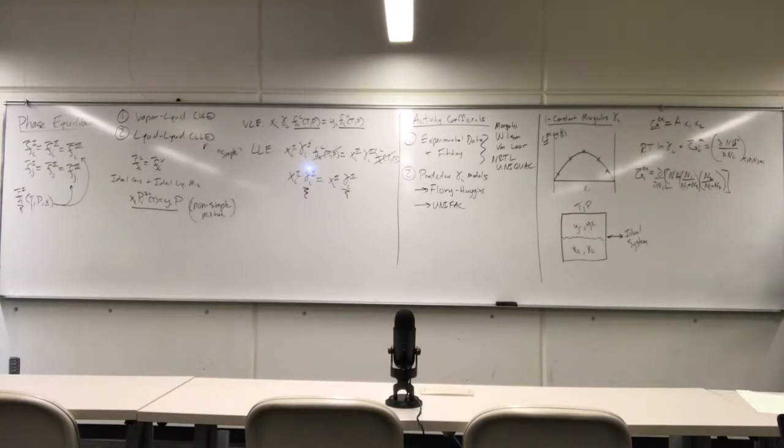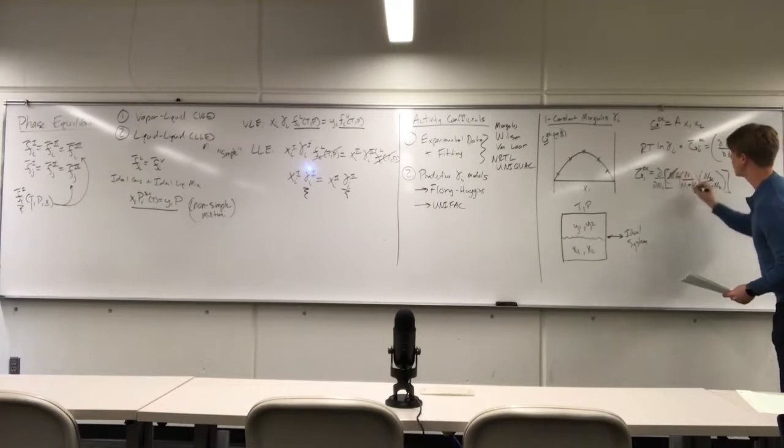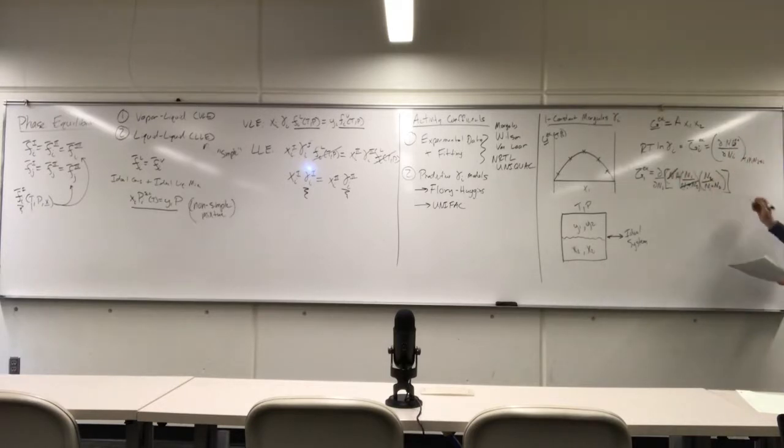Make sense? I just substituted n's, the number of moles, for the mole fraction. This is the total number of moles here. This cancels out with one of these ones down there.